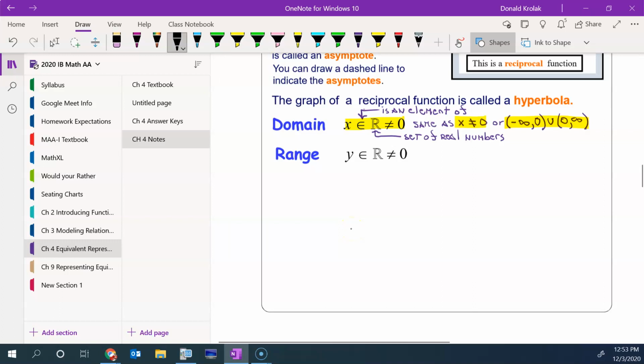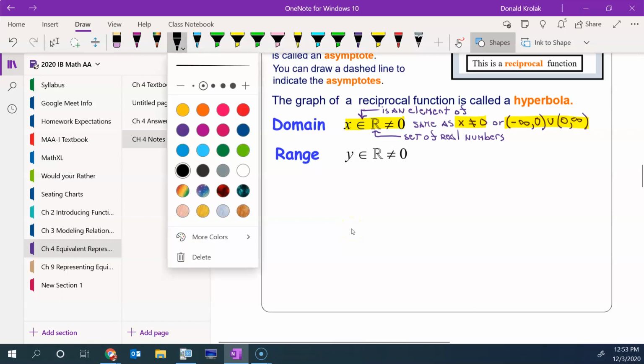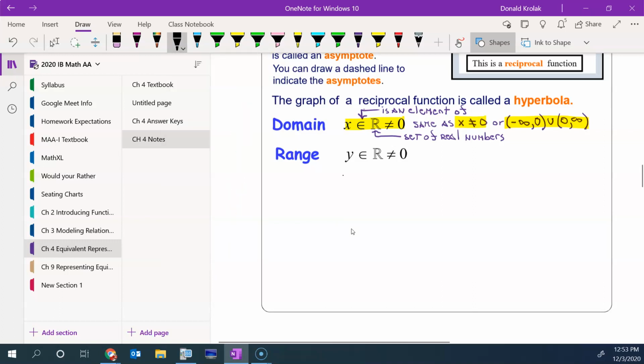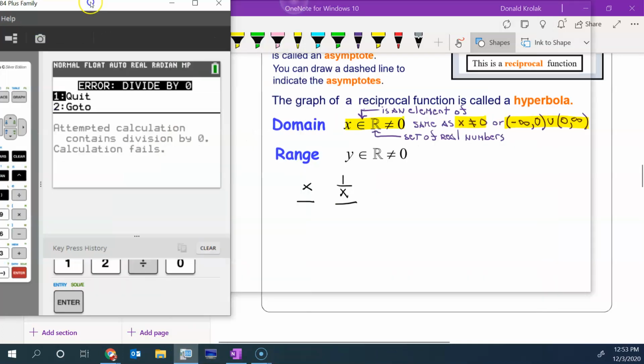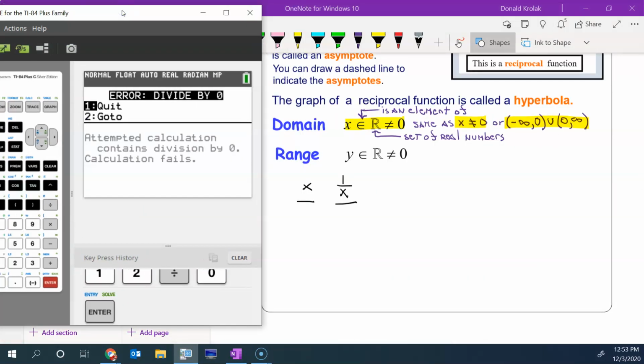So the reason why a graph shoots up or shoots down like that, if you just think about this, if I took the number 1, and I divided it by different values of x. So watch what happens here. I'll just take my calculator. As x gets smaller, what happens to this quotient here?